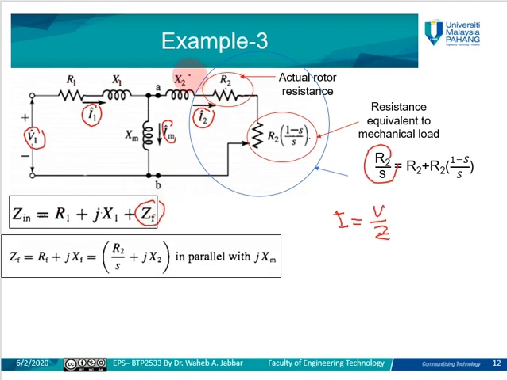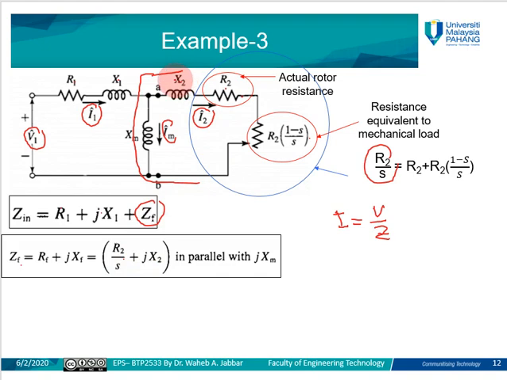Zf represents the whole impedance on that side. Okay, so it includes the value of Xm in parallel with the rotor reactance and rotor resistance. So the value of Zf, you can see from the formula, Zf is equal to Rf plus jXf, so it can be split into resistance and reactance, which equals R2 over S. This R2 over S value represents R2 times 1 minus S over S plus R2, plus jX2.